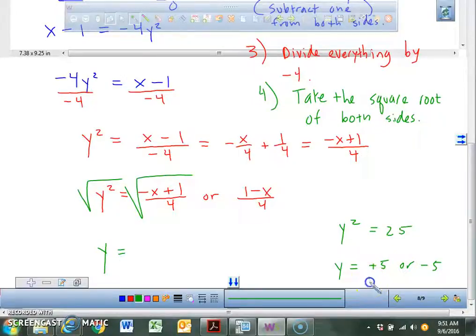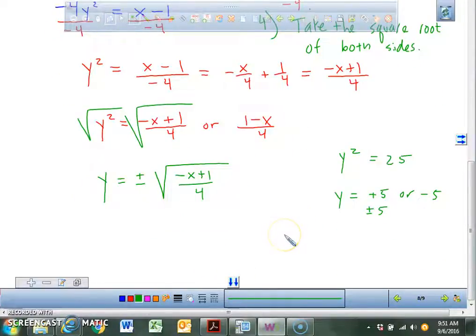So technically your answer would be plus or minus 5. So you'll notice right here I'm going to say plus or minus. So it's not just the positive, so plus or minus the square root of negative x plus 1 over 4. So put y equals plus or minus the square root of negative x plus 1 over 4.